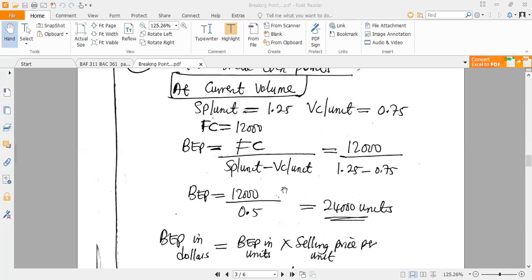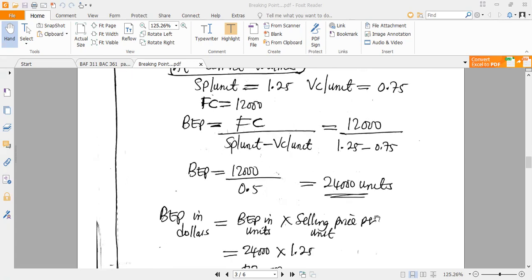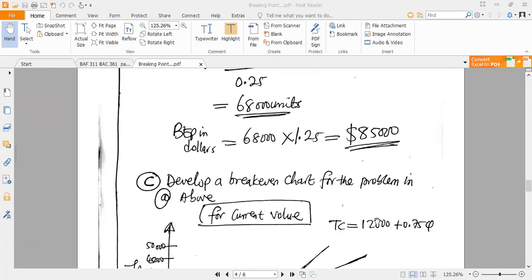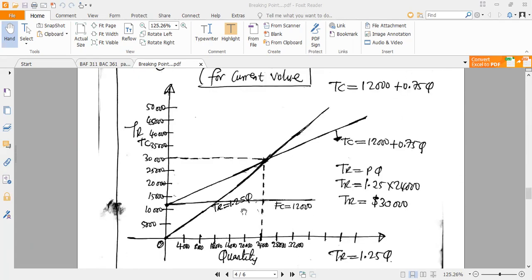Are we there? The break-even point was 24,000 units for the current volume. So when you come to the chart here, in short, you have to find the equilibrium point where the total cost and total revenue meet.